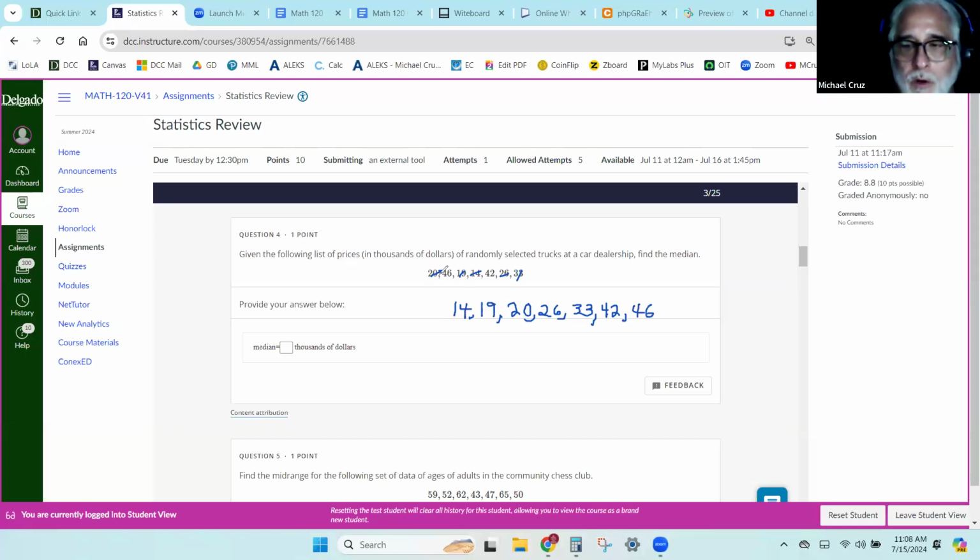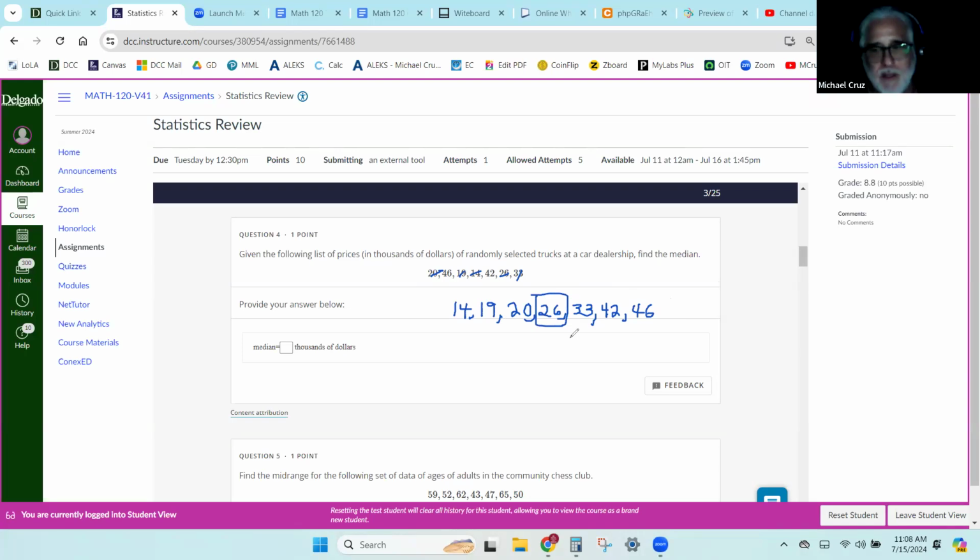So there are 1, 2, 3, 4, 5, 6, 7 values. So since there's an odd number of pieces of data, there's going to be exactly 1 in the middle. And here is that 1. 3 on either side.